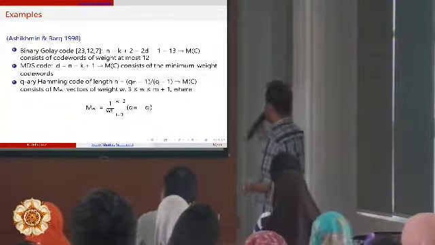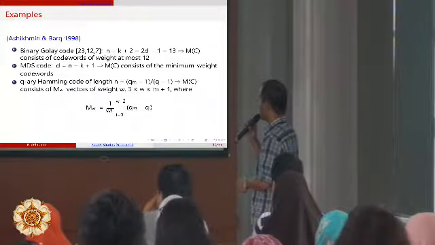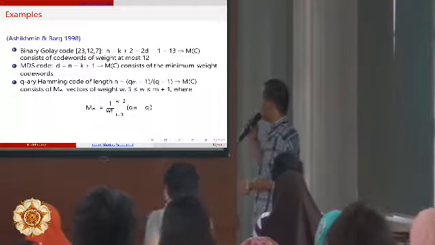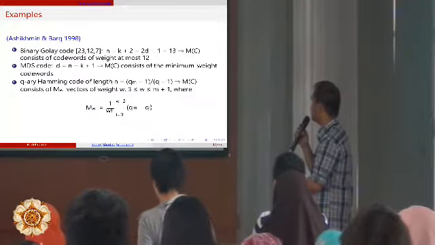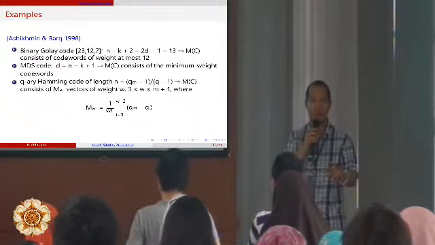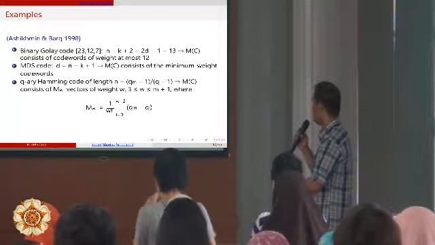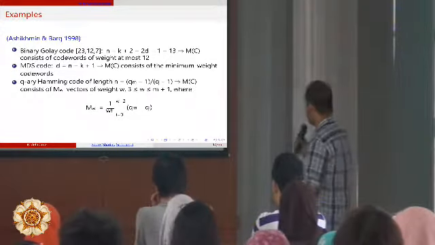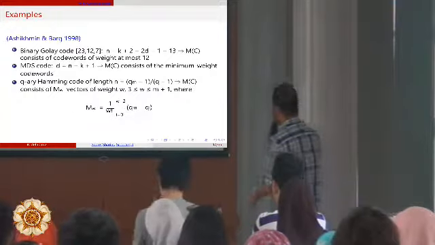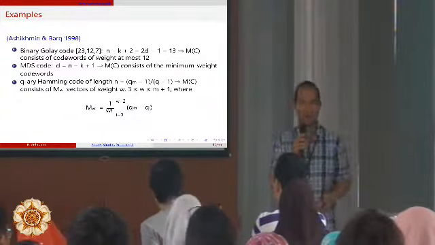Now, if it is an MDS code, we already know that the minimum distance is n minus k plus 1. This is already the maximum possible weight for a minimal code word, so the only minimal code words are the minimum weight code words. And then for Hamming codes, you have this formula for the minimal code words.